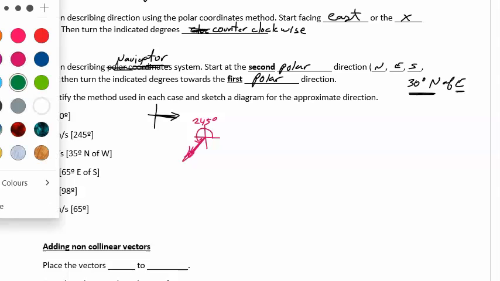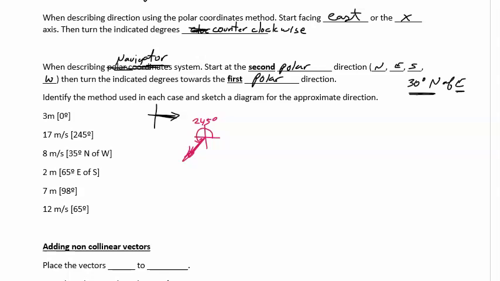Let's choose another color for the third one here. 8 meters per second, 35 degrees north of west. So this is our third one here. And on our coordinate system, we're starting at the west, which would be the negative x direction, and turning 35 degrees towards the north.